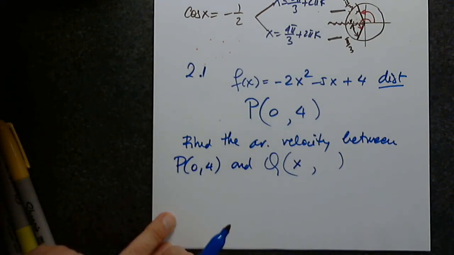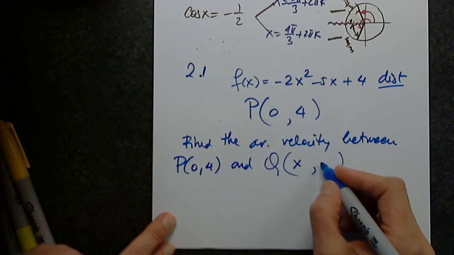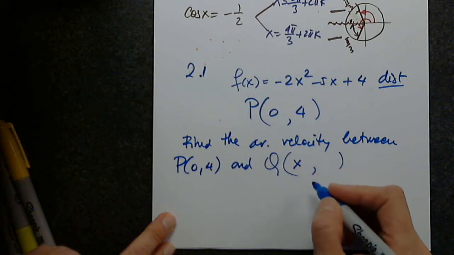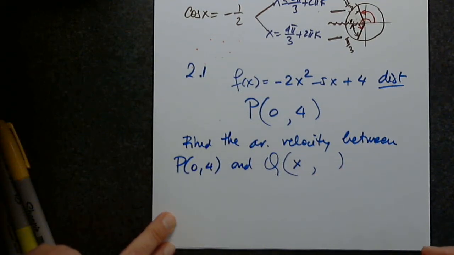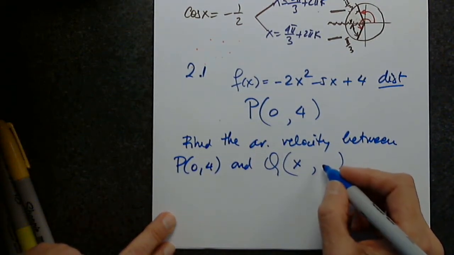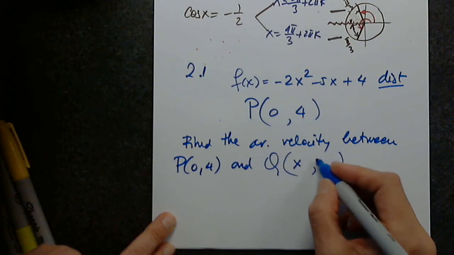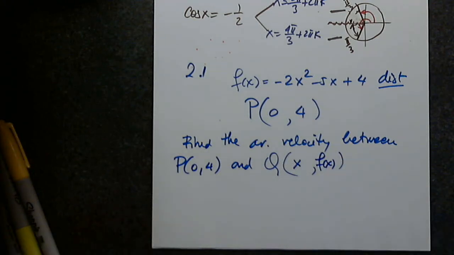X, comma, no, just x. You're right. I'll do that too. X, comma, of course, there is no doubt. If it's x, it must be f of x. If it's 0, it must be 4.